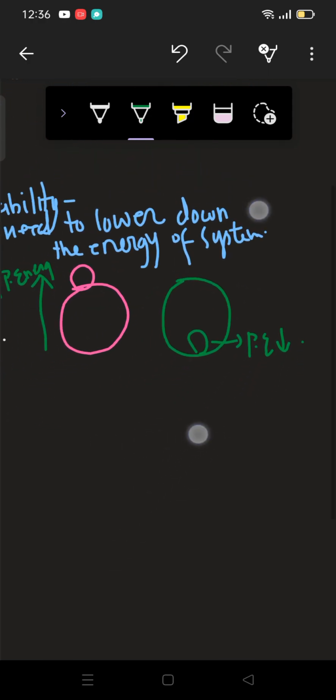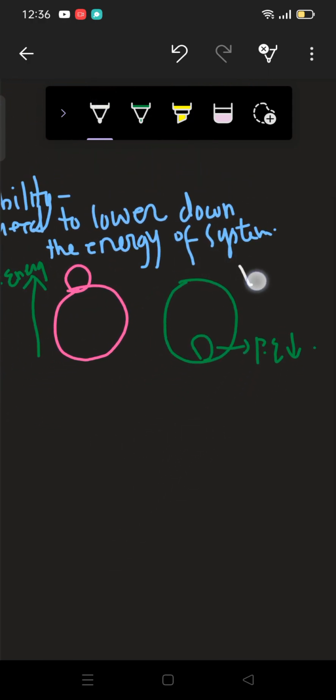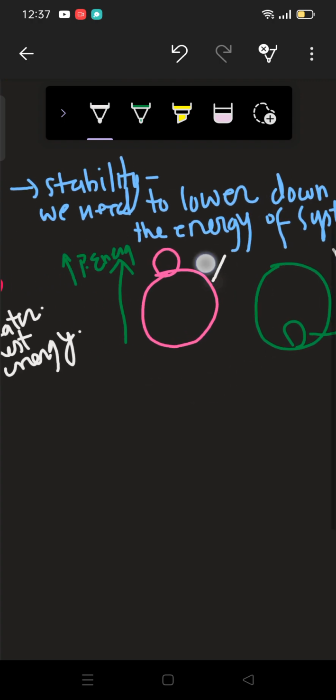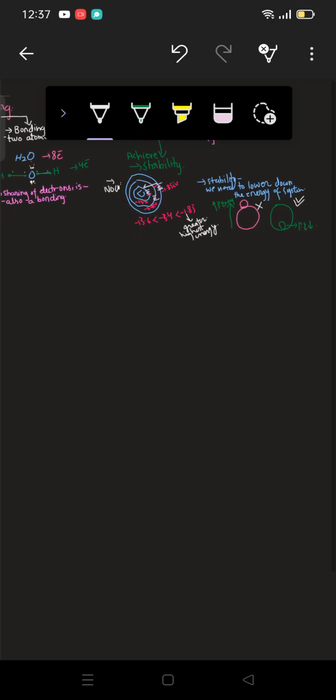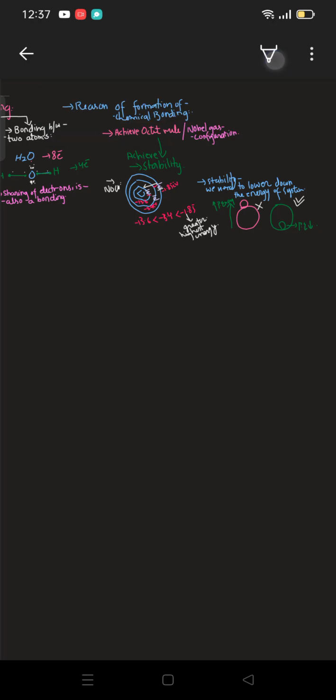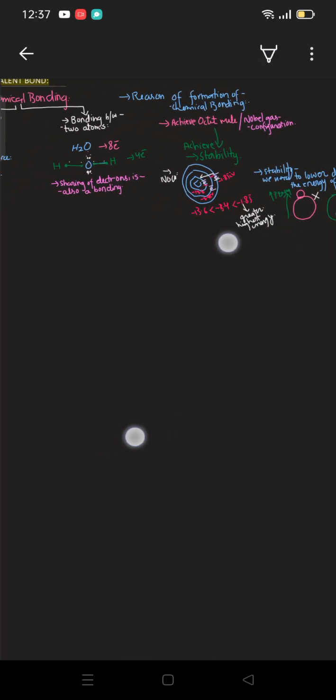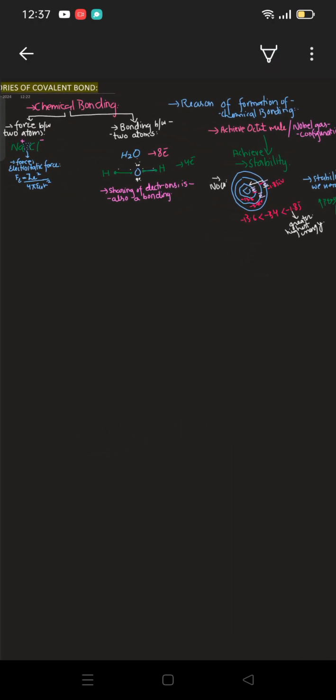So which is more stable? Of course, this is more stable as compared to this. This isn't stable, right? So we need to lower down the energy of the system in order to achieve stability. So the main reason for chemical bonding is to achieve stability by lowering down the potential energy of the system. This is the main reason for the formation of chemical bonding.